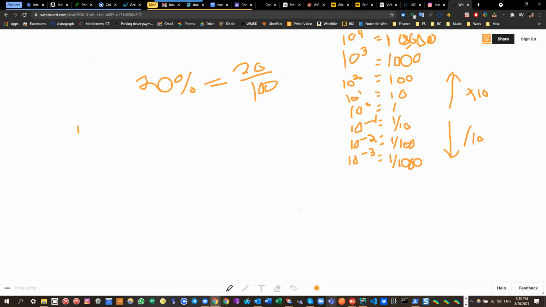And so let's say the price of the meal was this. So I want to find, oh, how do you do a dollar sign? Okay, like that, right? I want to find 20% of this.